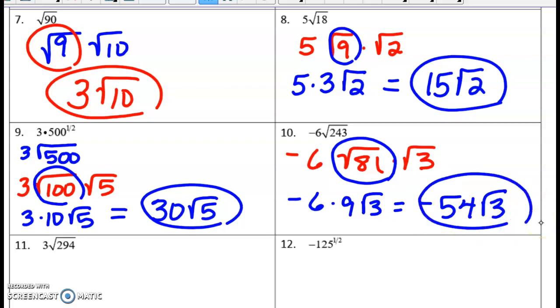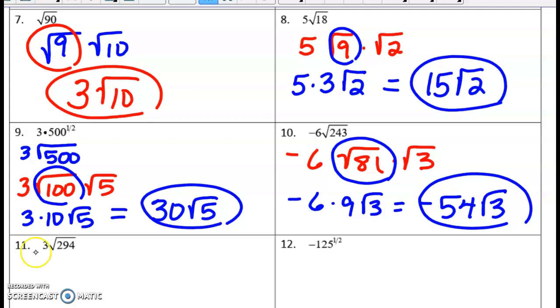All right, and then here we have 294, so I have to think about that one a little bit myself. Let's see. 294 is not divisible by 144 or 121 or 100 or 81. Let me try 64. Nope. 294 divided by 49.